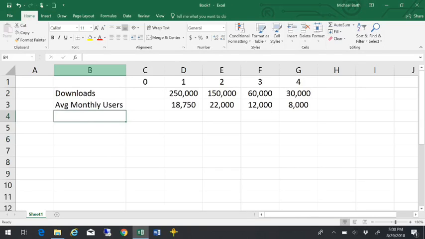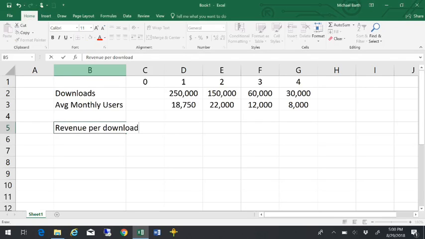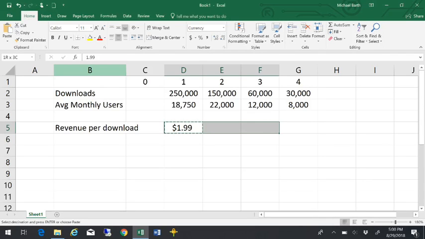Alright, so if we start looking at the other things, I know the downloads, I'm going to add the dollar numbers for all of this, the revenue per download, and that's $1.99, and I'm just going to copy that over.